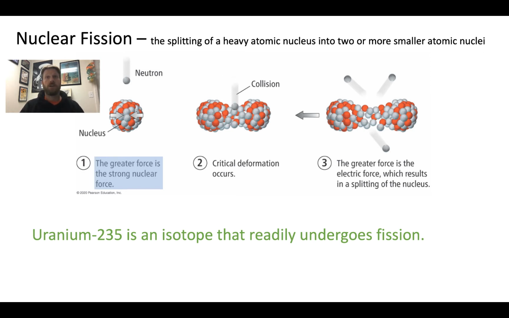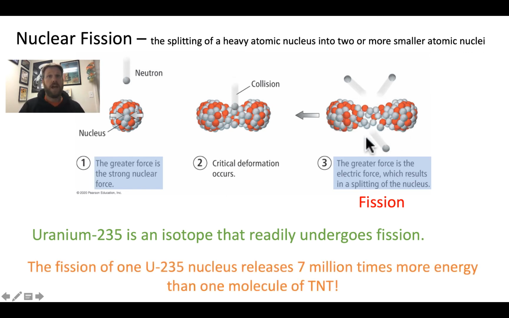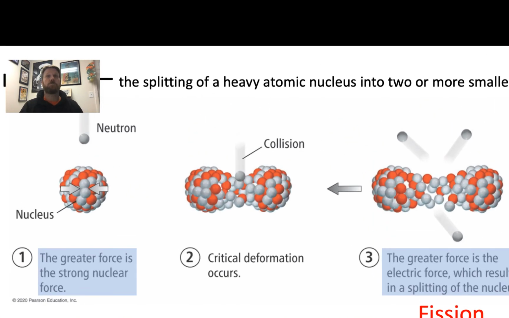In this case, the repulsive force may become the larger force, causing the nucleus to release a bunch of energy and maybe some neutrons, and then split into two smaller nuclei. This is fission. As we will discuss more in a moment, the fission process can be helped along by bombardment with neutrons, as you can see in the diagram. The collision can cause the deformation of a nucleus that causes fission.